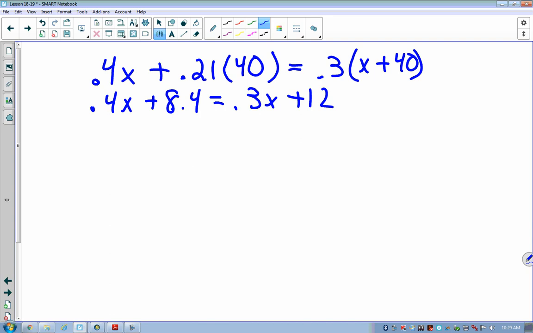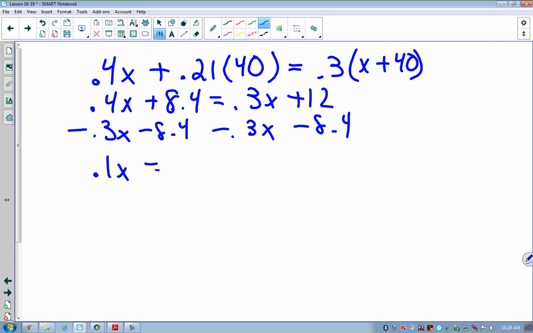From here we're simplifying and we're going to isolate x. I'm going to subtract 0.3x and subtract 8.4 over to the other side, all in the same line. That gives me 0.1x equals 12 minus 8.4, which is 3.6.